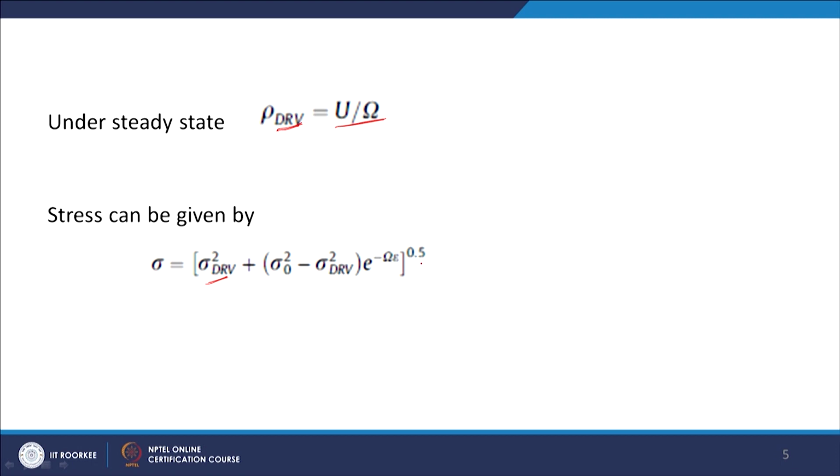It has an exponent of 0.5, and there is a strain term in the exponential. So, from the physical based model, you can predict the flow stress of the material if you know sigma drV and so on. So, this is the model based on dynamic recovery.